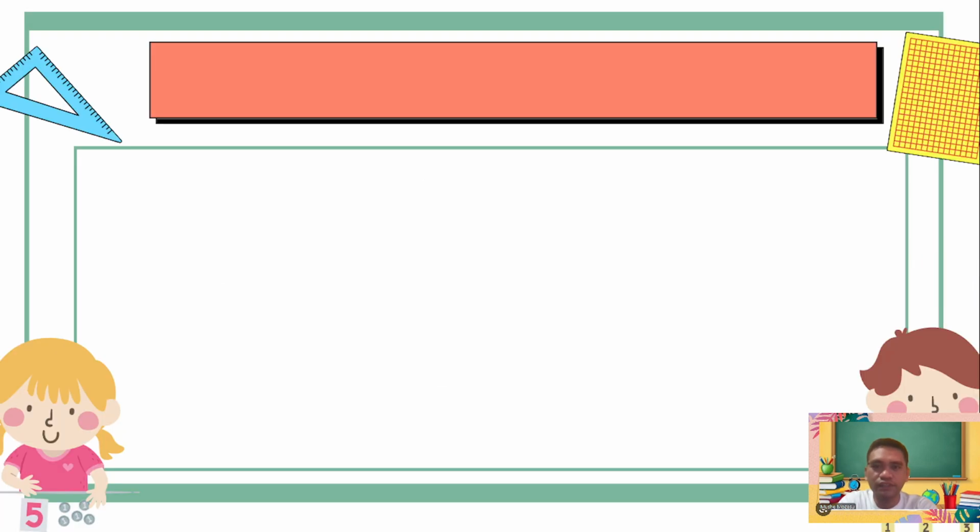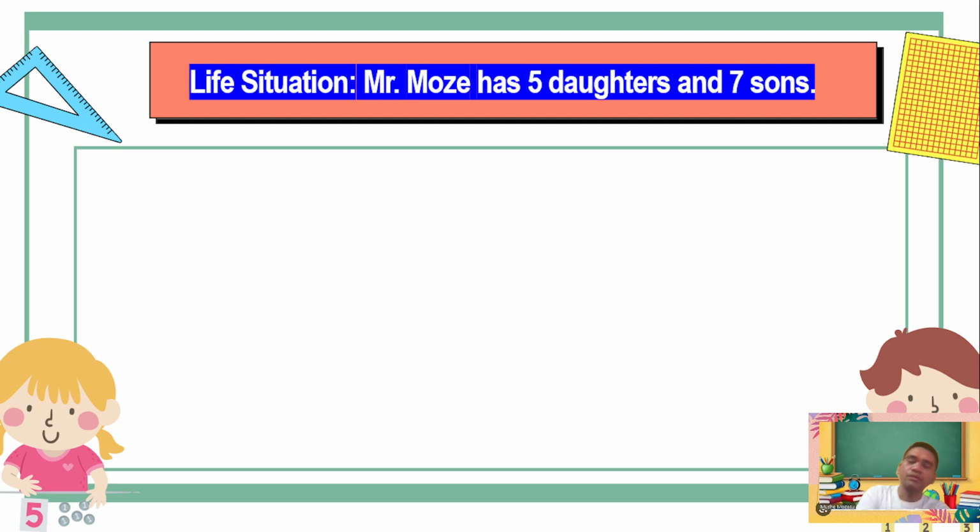Okay, let's proceed. So we have here a situation. Okay, everybody, kindly read the situation. Okay, so si Mr. Mosey, he has 5 daughters and 7 sons. So we are going to compare the daughters and the sons.